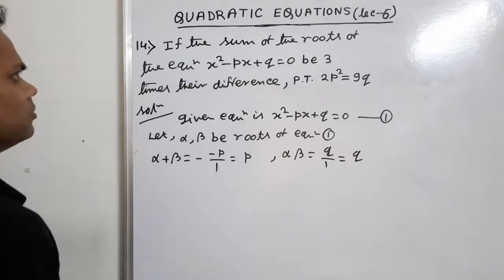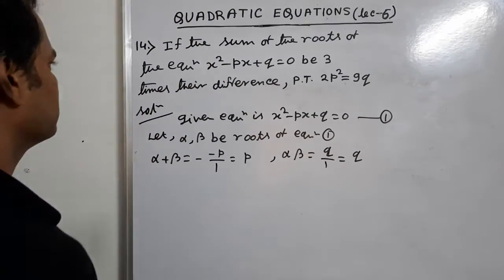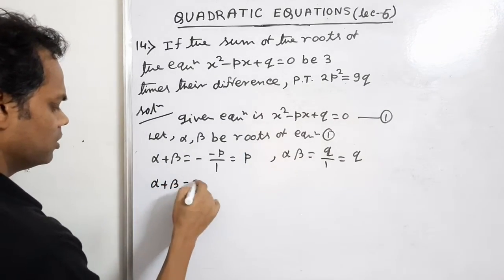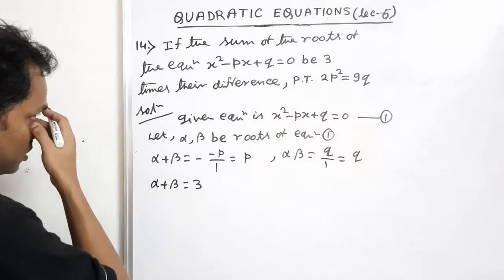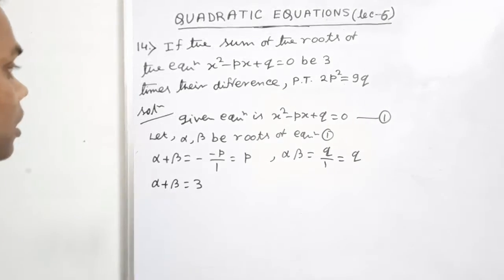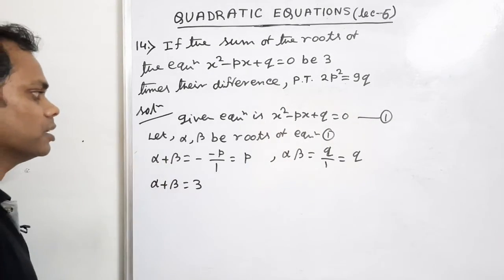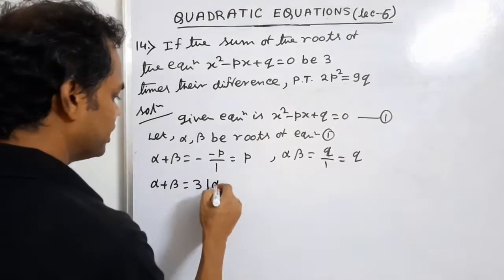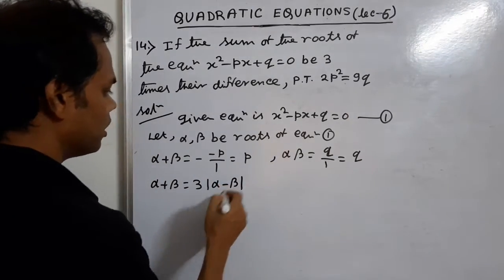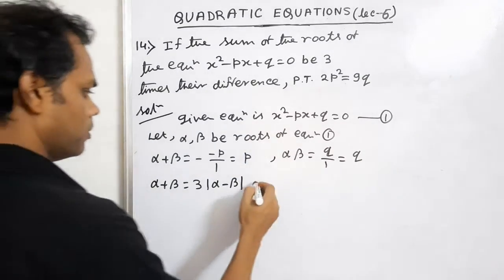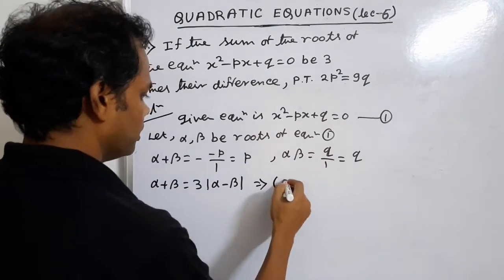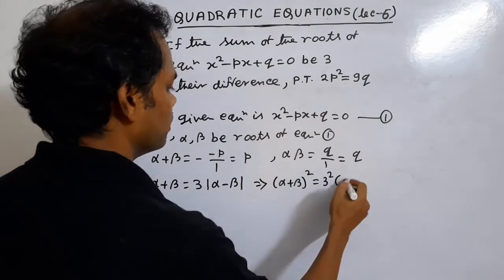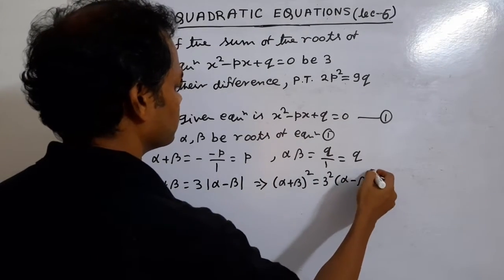Now here given that sum of roots, that is alpha plus beta, equals to 3 times their difference. Here we don't know whether alpha is greater or beta is greater, so difference means we can write this modulus of alpha minus beta. By squaring both sides we get alpha plus beta whole square equal to 3 square into alpha minus beta whole square.